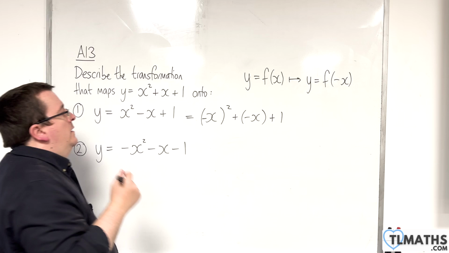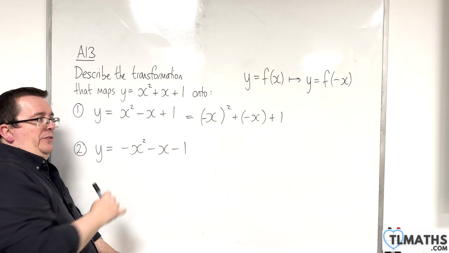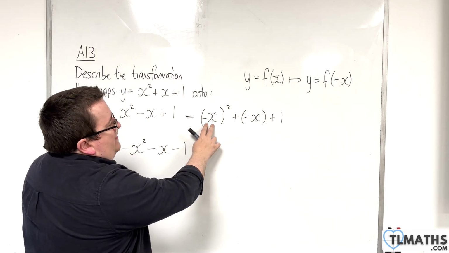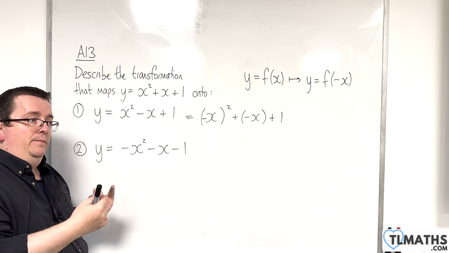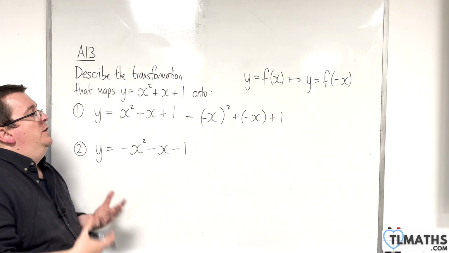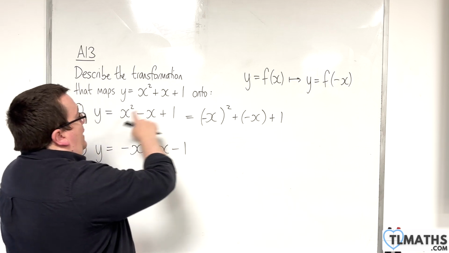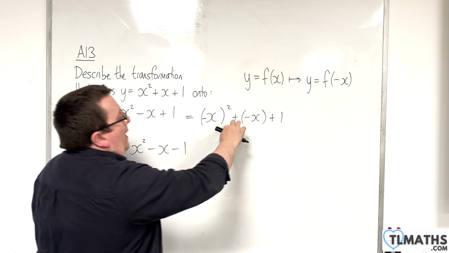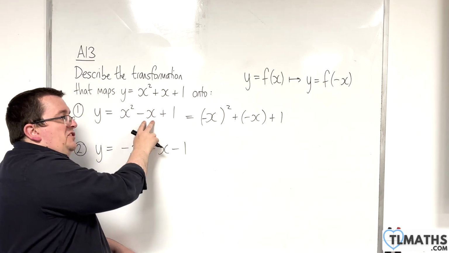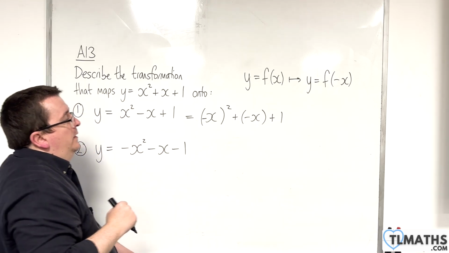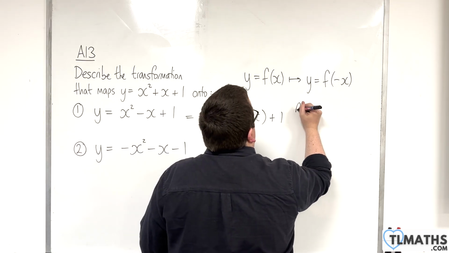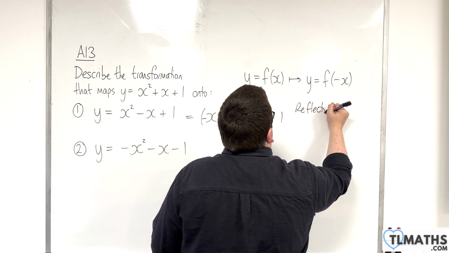So this is the same as this, because when you have negative x all squared, you're squaring the negative, and so that becomes positive. So minus x times minus x is x squared. And then you're adding on negative x, which is just the same as take away x. And then you've got the plus 1 at the end. So this is a reflection in the y-axis.